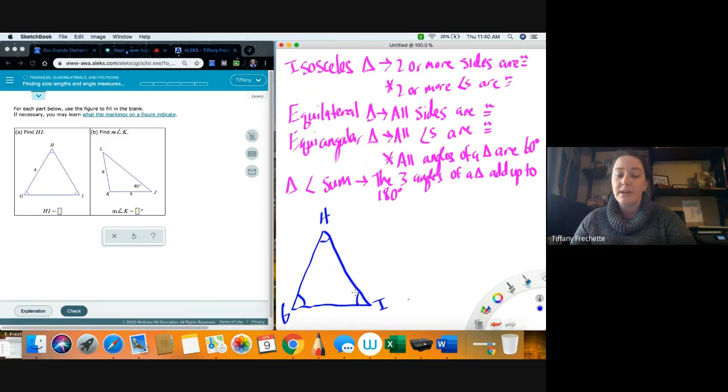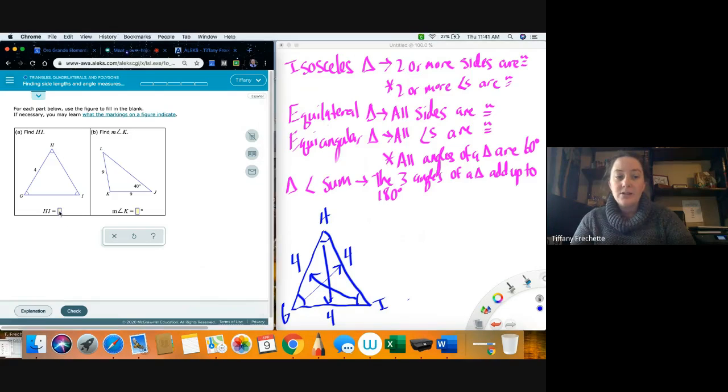That's how they mark that they are congruent. So then they also tell us that this one is 4. So remember, if it's an equiangular, then we can go opposite sides like this. All the sides also have to be the same. So I know this side is 4 and this side is 4. So HI, which was the right side there, we just marked as 4.